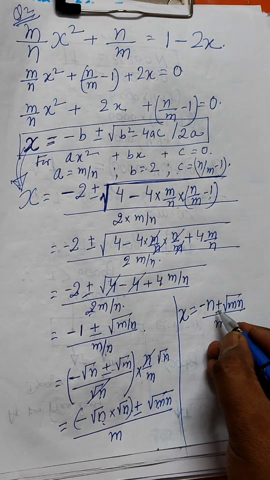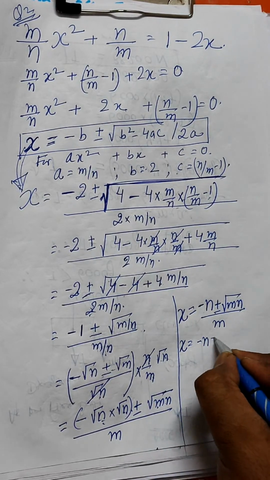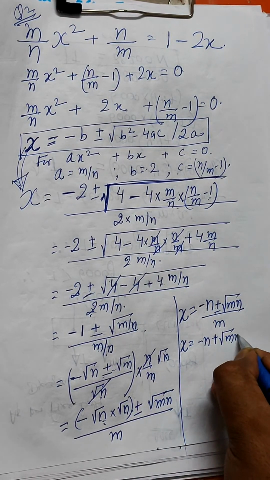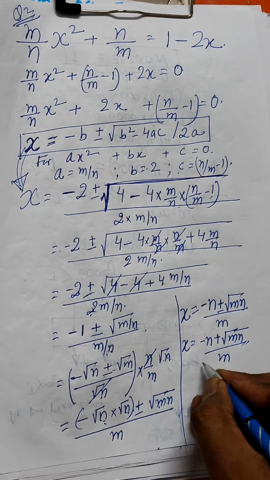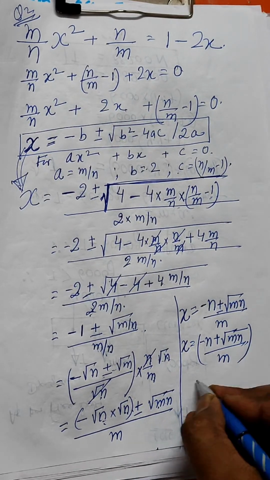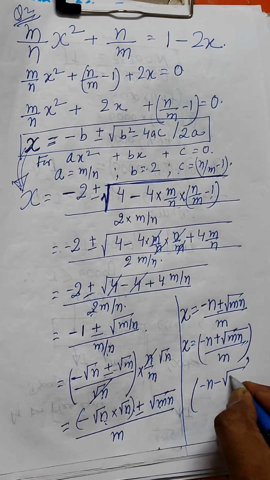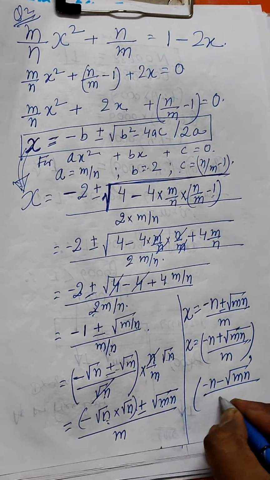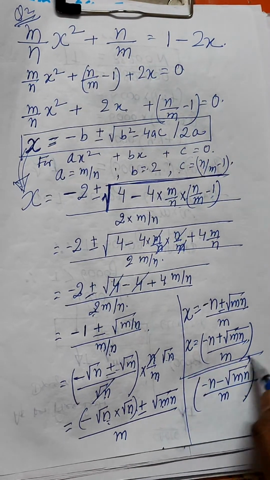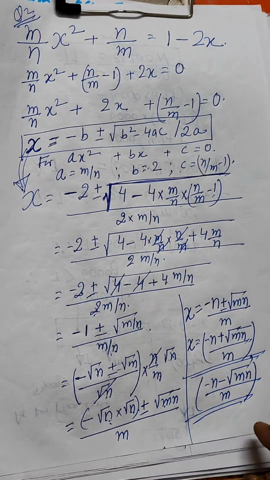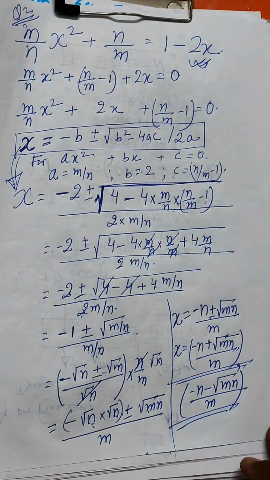So you can see the two values of x are minus n plus root mn divided by m, this is one of the values, and another value is minus n minus root mn divided by m, right? So these are the two values of the quadratic equation which is derived for the given quadratic equation, right?